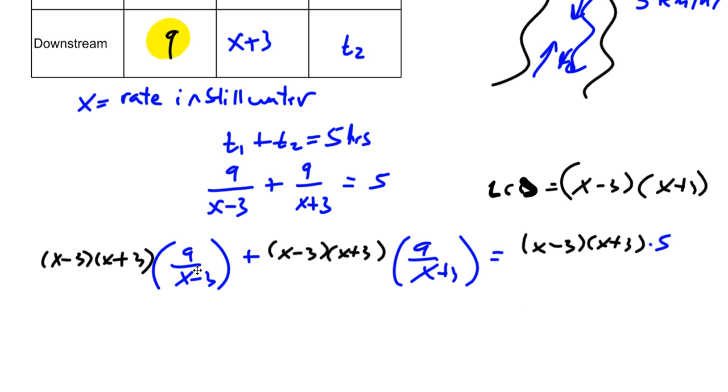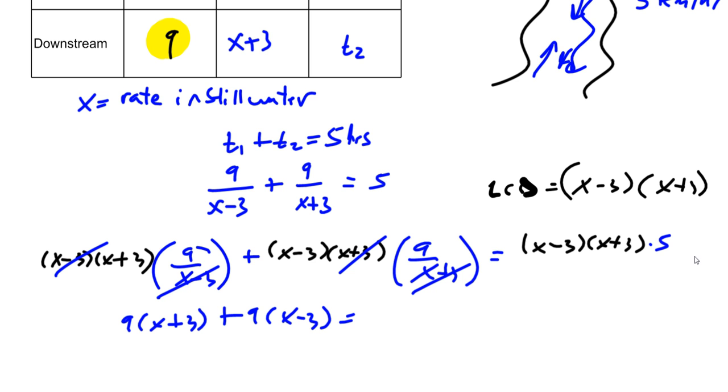All these terms cancel out, which is what we want, so we're left with 9 times x plus 3 plus 9 times x minus 3.